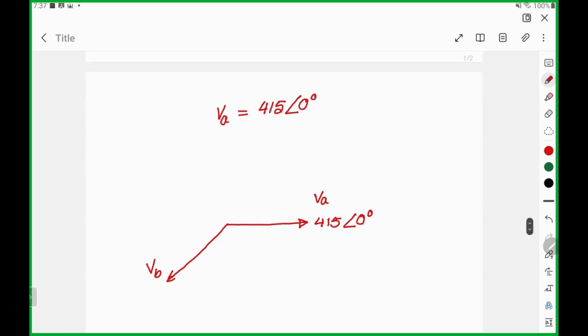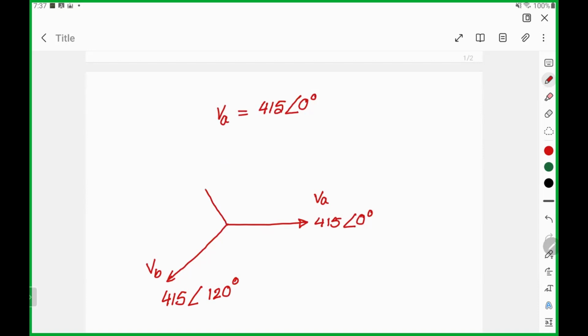Let me take a look at this, because we will come to that soon, and I don't want to confuse. So VB will be 415 with an angle of 120 degrees.